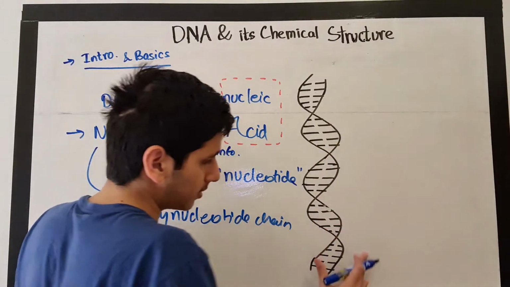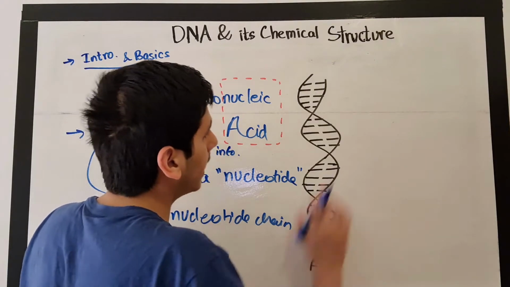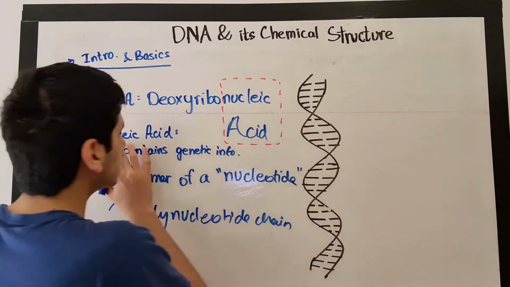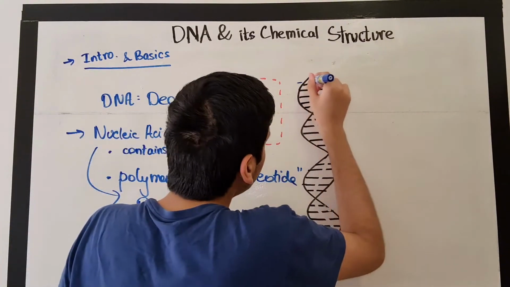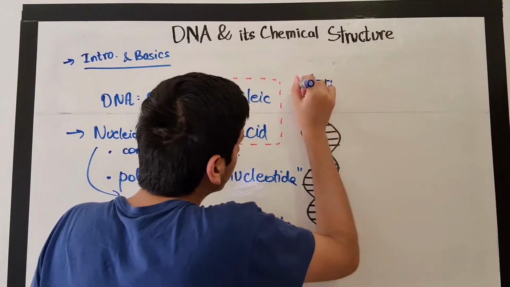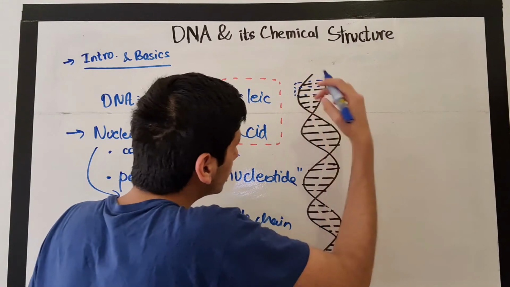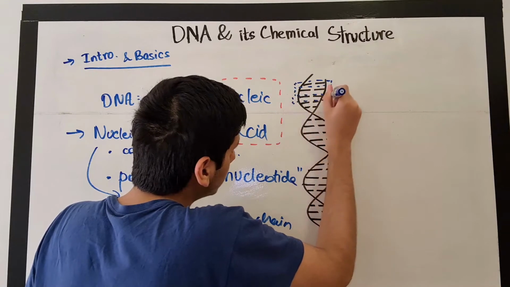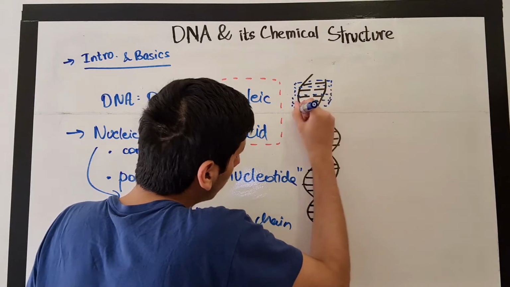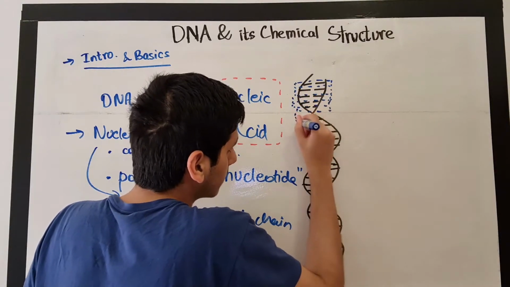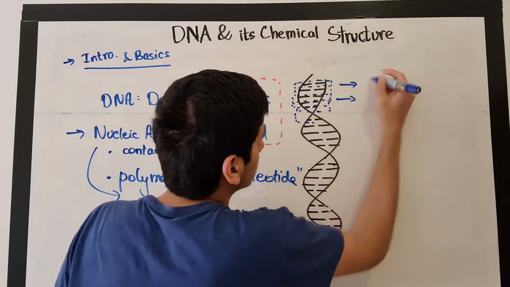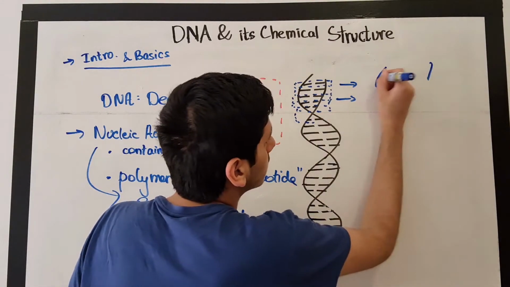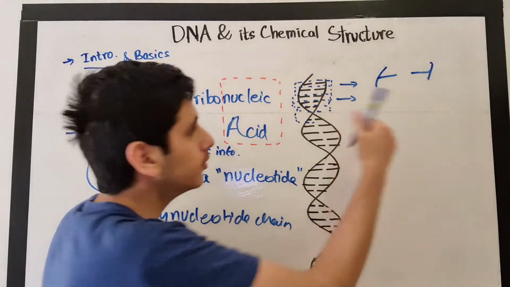Since we know this is the structure of DNA, the repeating monomer, this basic unit that makes up all of the nucleic acid, so one unit, sort of like this, is a nucleotide.